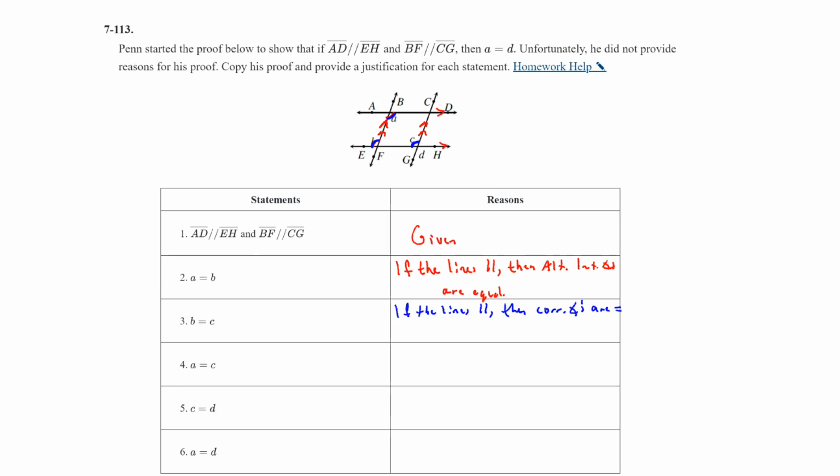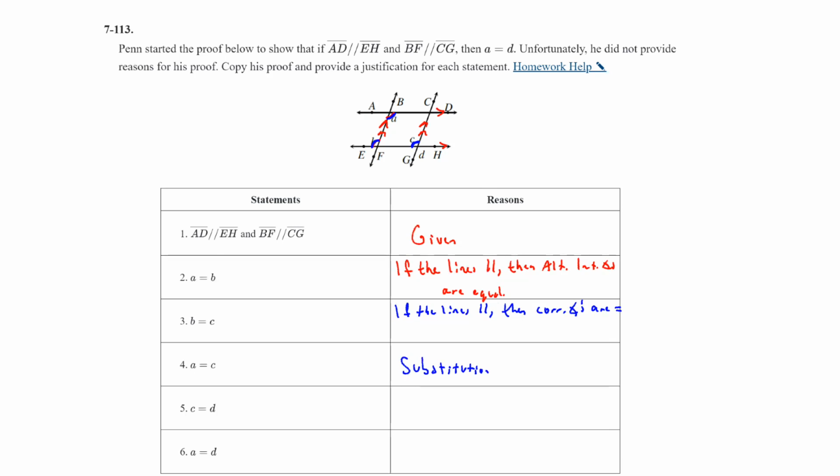And the reason we know A is equal to C, well, if A is equal to B, and B is equal to C, then I should be able to replace the B with the value of A. And so A is equal to C. The way we're able to give a reason why this works is because of substitution. We are able to substitute the value of A in for B and get A equals C. So it might be a new one that we haven't talked a lot about, but that's how that works, you can use substitution.